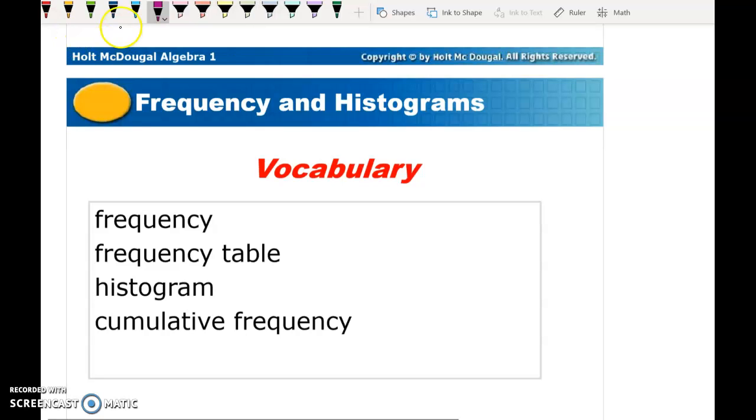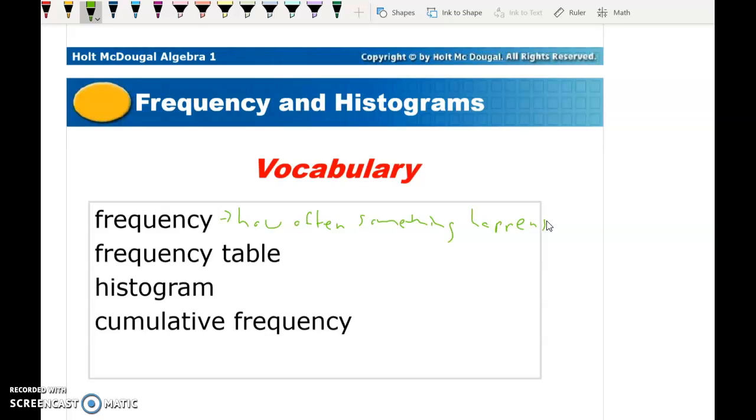So let's start with frequency. Frequency means how often something happens. And my mouse is not fun to write with, so maybe I'll go back and type that for you. So frequency is how often something happens. So for instance, the days of the week.